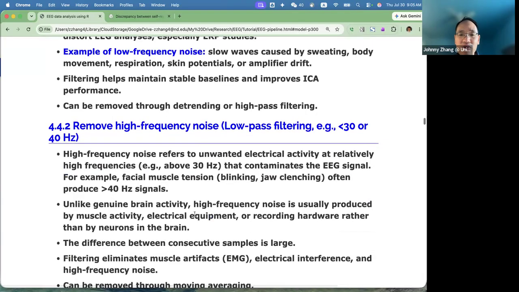The high frequency noise could be electrical signals. For example, different energy grids may use different frequencies. For this data collection, they have a 50 hertz electrical frequency, and in this case, it is not real brain activity either. We can remove that.